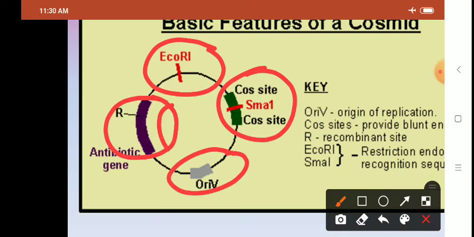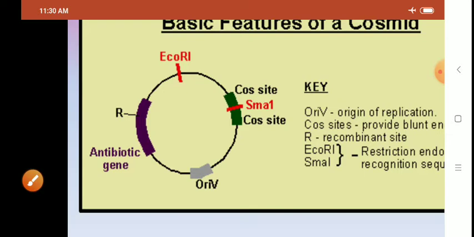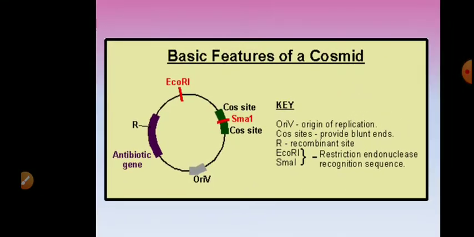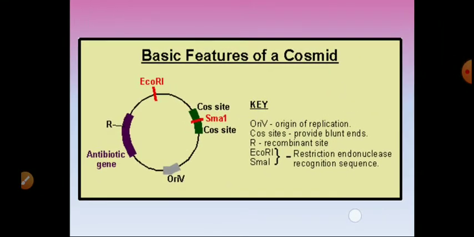Within the cos site also there is a site for cutting with restriction enzyme. Okay, so it contains origin of replication, cos sites, and restriction sites where it can be cut, like restriction digestion by EcoRI, SmaI, etc. So these are the basic features of a cosmid vector.